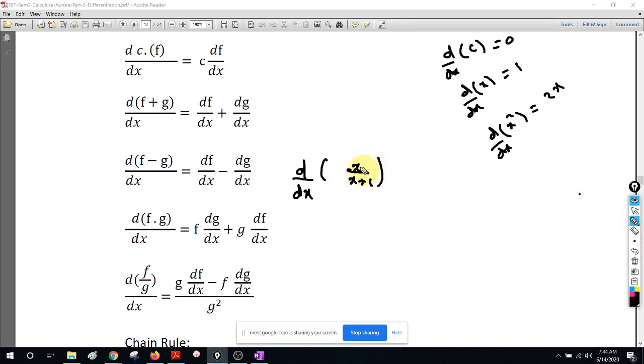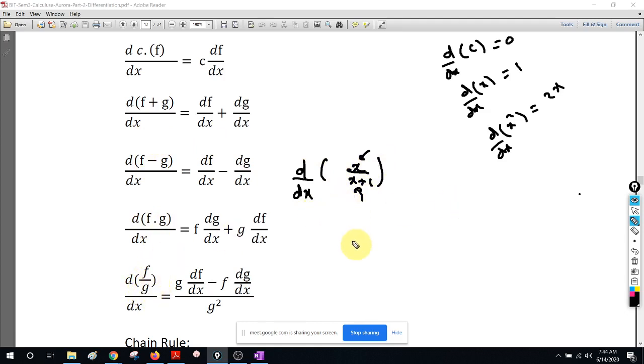The first thing you have to do is look at this as a quotient or division. This is my first one, x plus 1 is my second one. So this is my up one, this is my down one. Once you do some examples, you will get it. After some time you can figure out how to first look at the big blocks. The big blocks are this block and this block. Now I can apply this division rule.